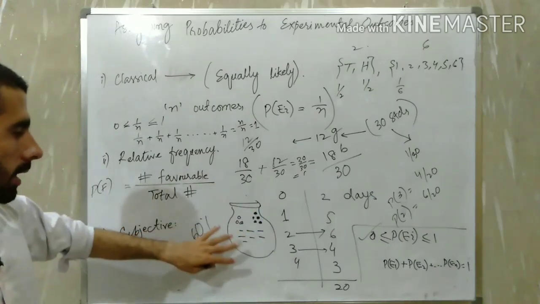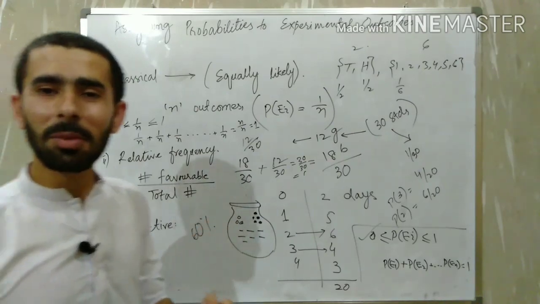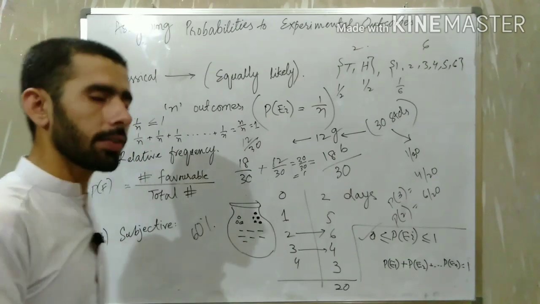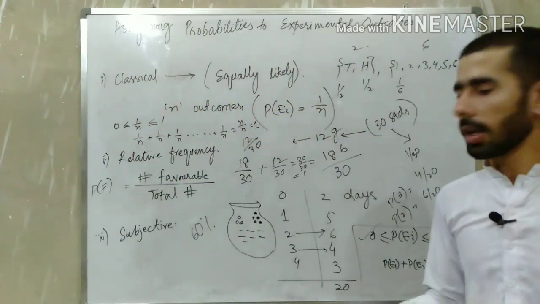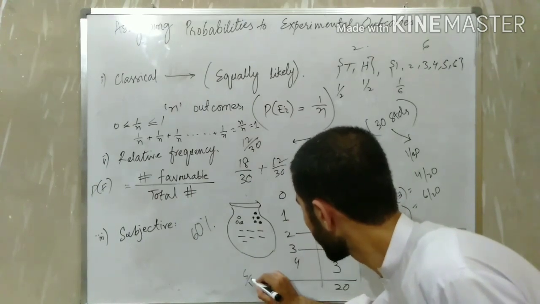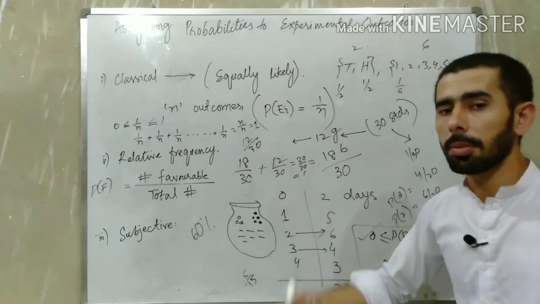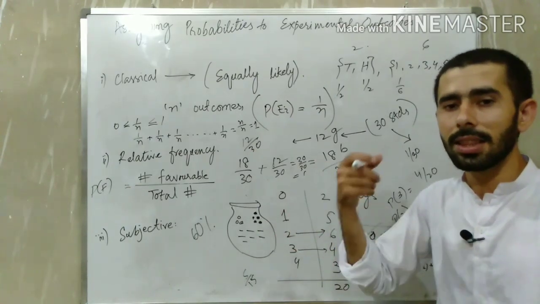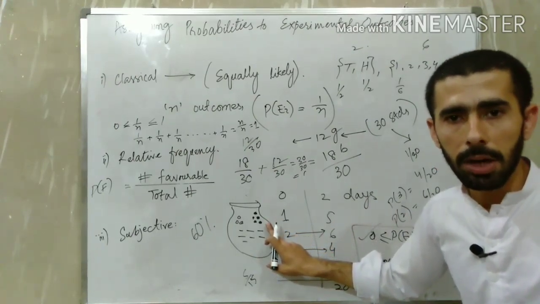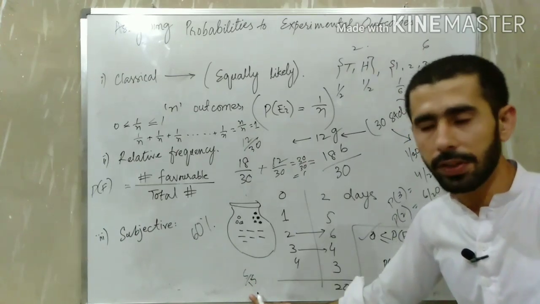So the total is 3 plus 5 plus 7, 15 marbles. If we are going to look for the chances that a randomly chosen marble is black, that would have 5 by 15 chances, because there are a total of 5 black marbles and 15 marbles in all.